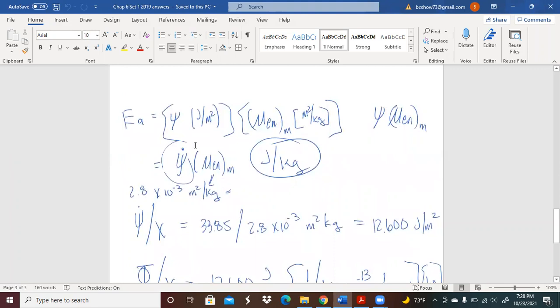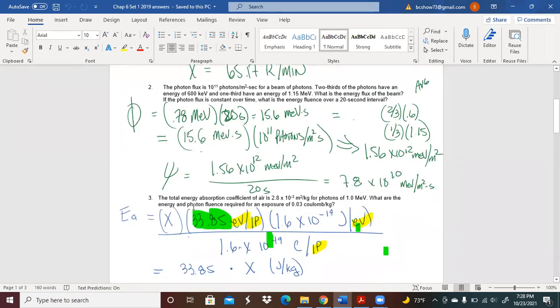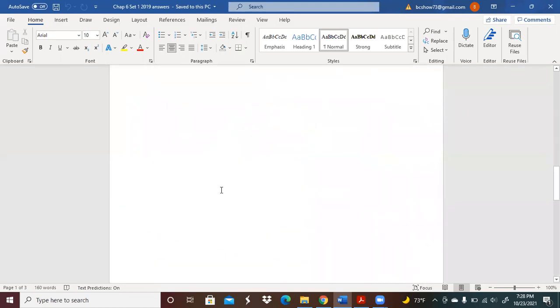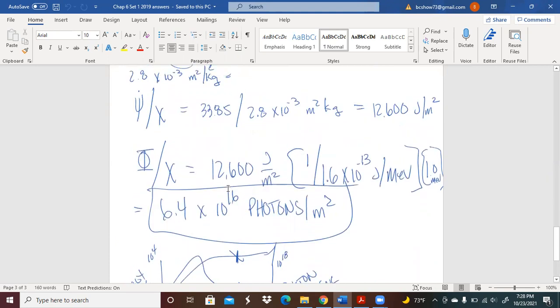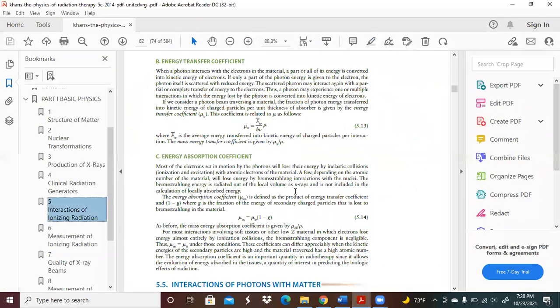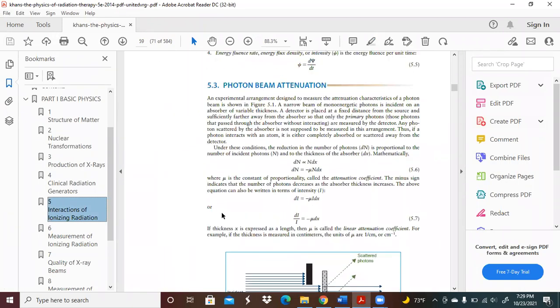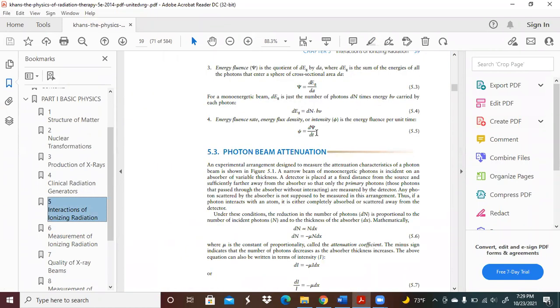So we go through the computations here and we find out that the total energy absorption coefficient in air is 2.8 times 10 to the minus third. That's what we're going to end up with right here. So if we want to figure out what this rate here is, and again, remember, sorry for jumping around all over the place, but I'd rather you know what we're talking about.